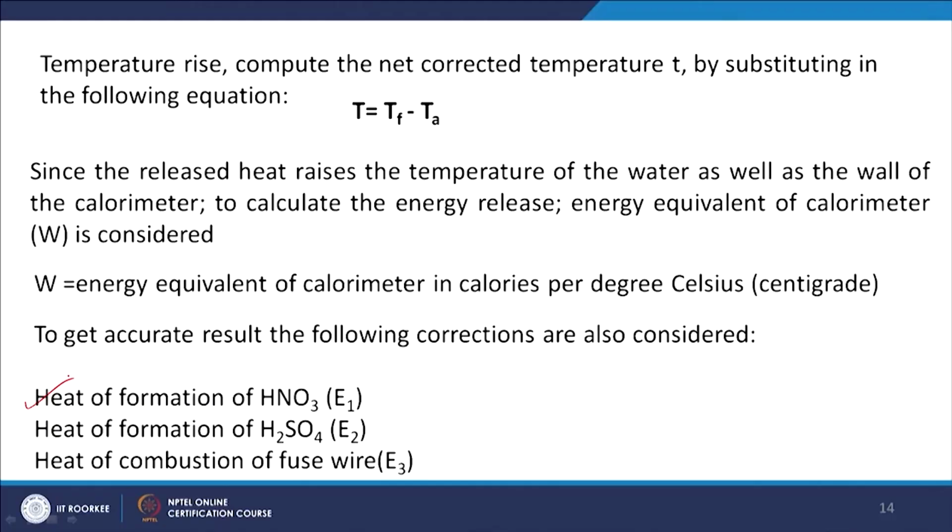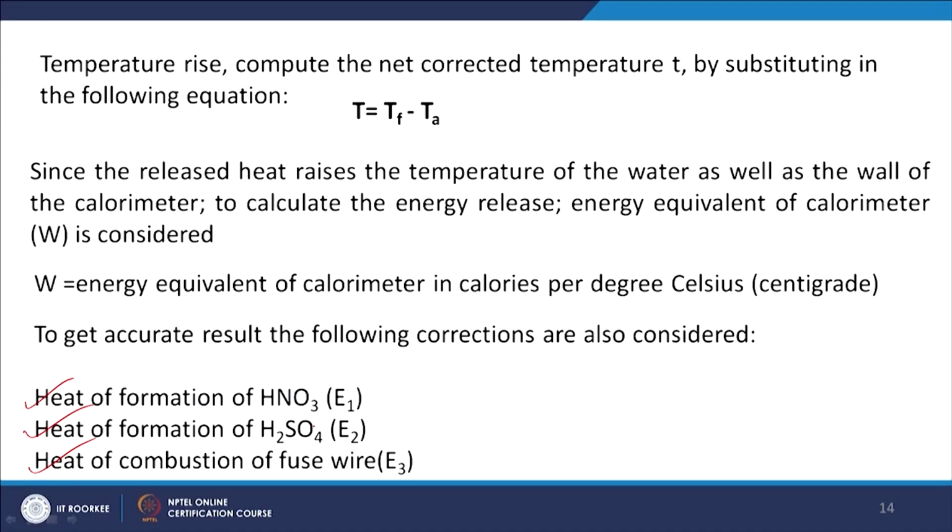And as I discussed, without incorporation of any error, the energy balance formula we have discussed, but now there will be some error. So, heat of formation of nitric acid, heat of formation of sulfuric acid and heat of combustion of fused wire. These three correction factors we have to consider.